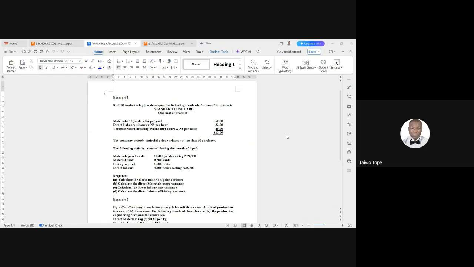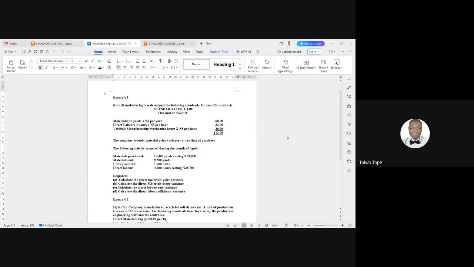So how much will you pay per hour based on the actual? If you use 4,200 hours and overall you pay 35,700, how much will you pay per hour? 8.5. Fine.